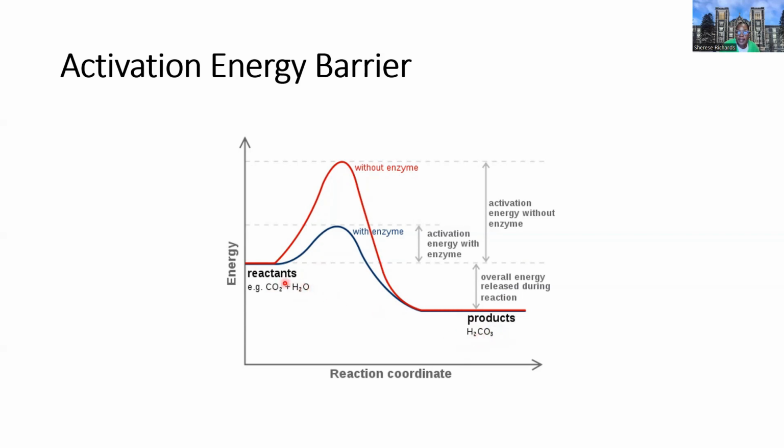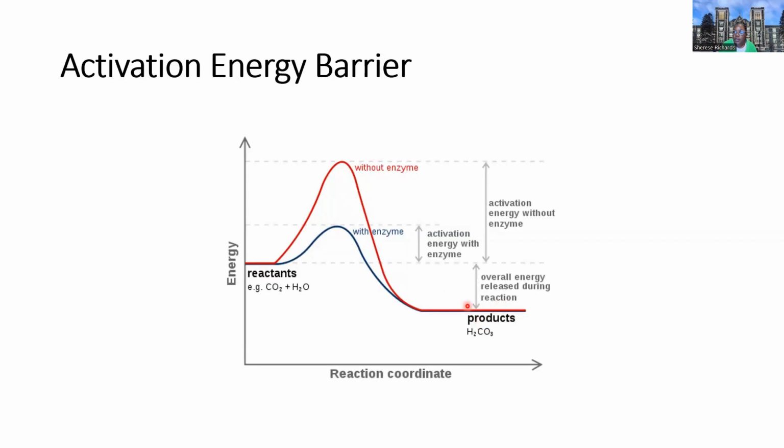Now, if there's no enzyme present, notice how much more energy. It actually takes twice as much energy for the reaction to proceed from our reactants or substrates to product. If the enzyme is present, the activation energy is lowered. It takes significantly less energy, half as much energy for the reaction to proceed.